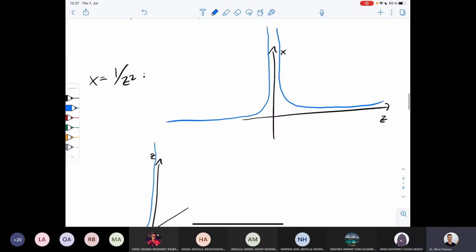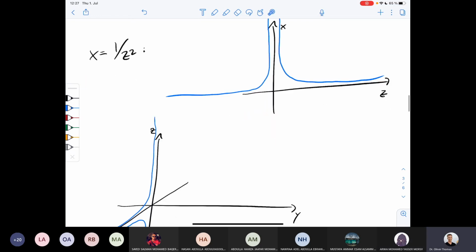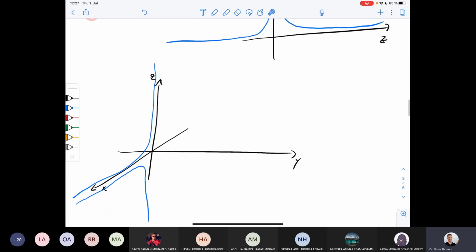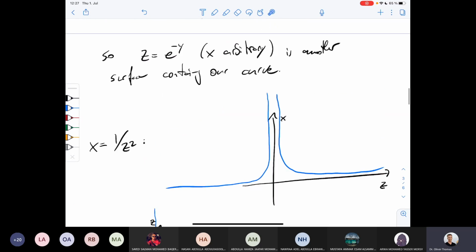If we view it as a function, we can put in arbitrary values of z. We can't get negative values for x, which is why it's not in these quadrants. But if we take a look at the surface described by x equal to 1 over z squared, then of course we can plug in any value for z that we like.